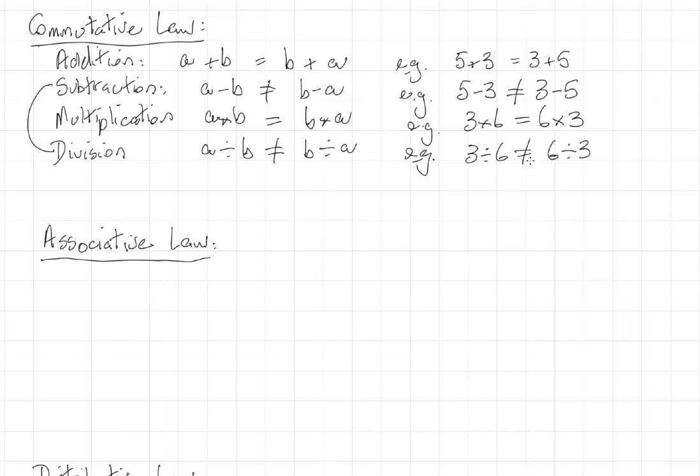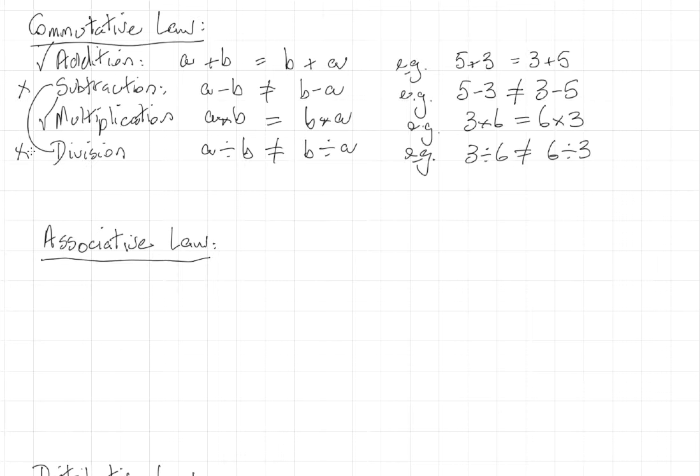Certainly they are not equal to each other. So that's the commutative law. It applies when we've got two numbers, and we've seen that it holds for addition and multiplication, but not subtraction and division.